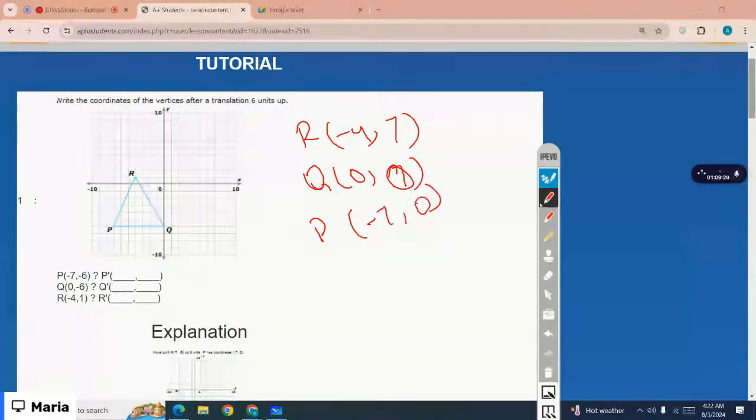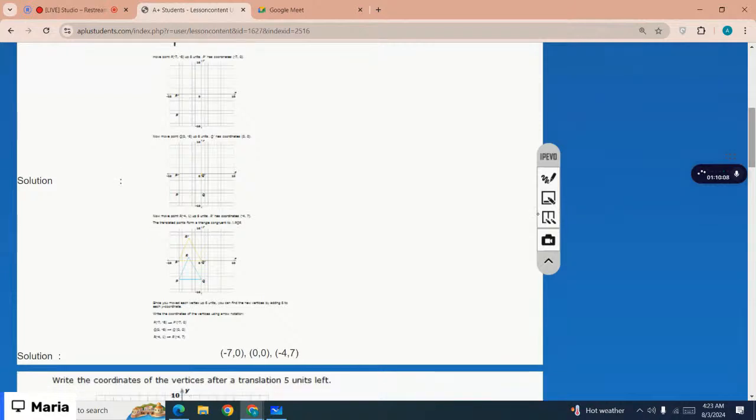They are -4, 7, 0, 0 and -7, 0. You can see here -7, 0, 0, 0 and -4, 7, right?